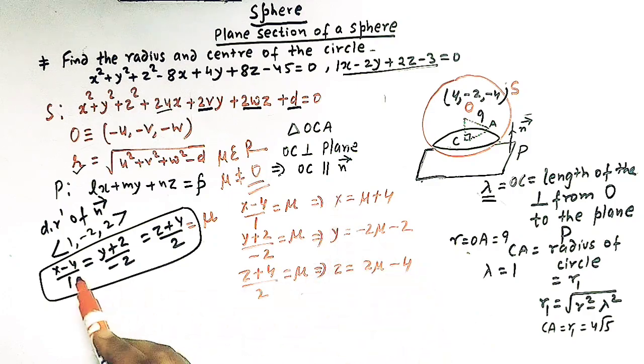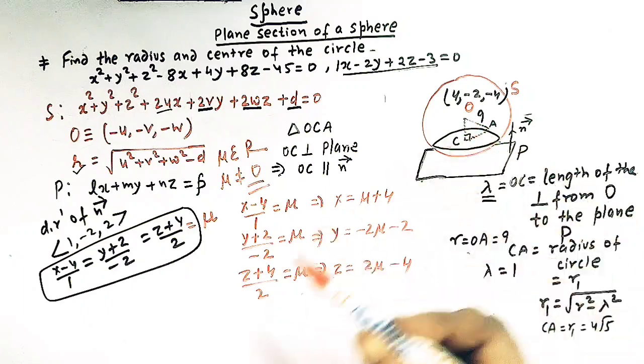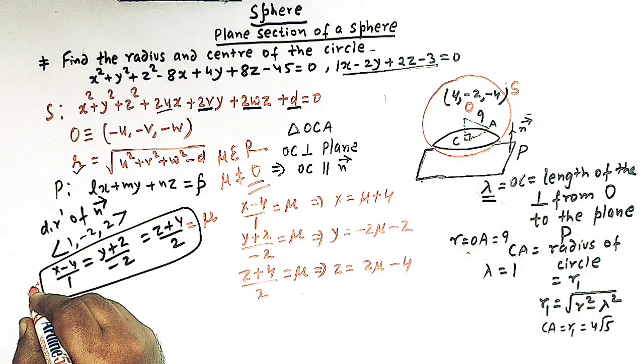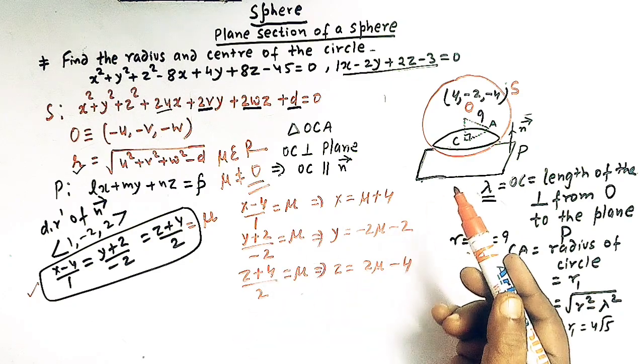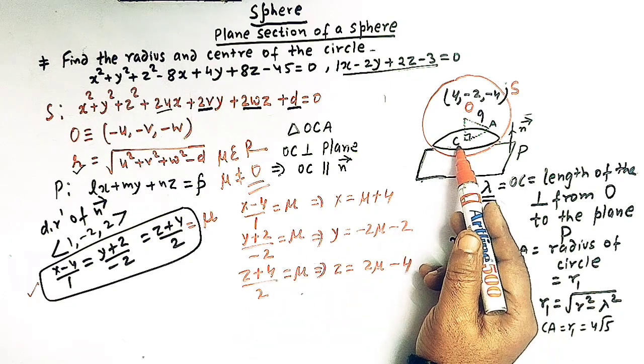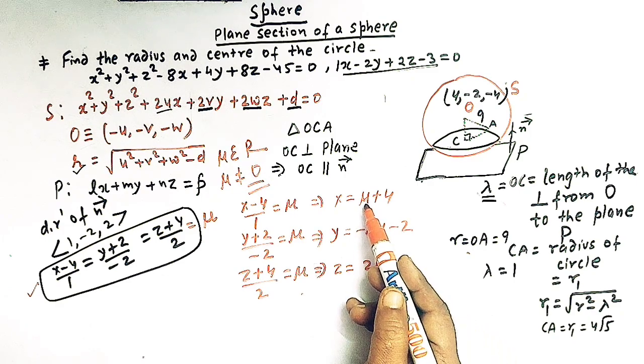So since the equation of this line OC is given by this equation, these coordinates may represent this point C for some particular value of this scalar mu, right?